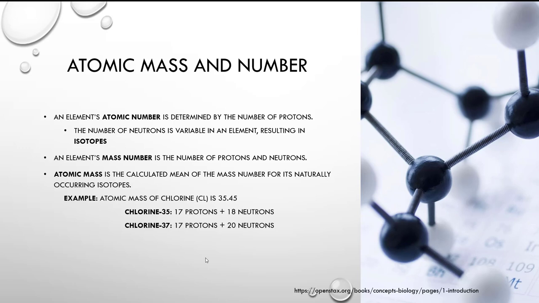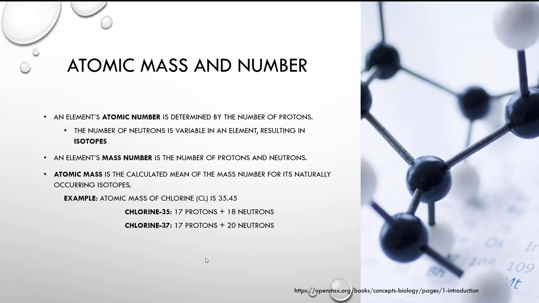Next, let's talk about the mass number. The mass number is the number of protons plus the number of neutrons. Well, what about the electrons? Remember, we don't count the electrons because their mass is so small it's negligible. So we only count the number of protons and neutrons.